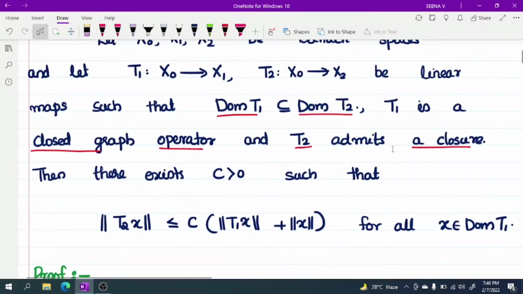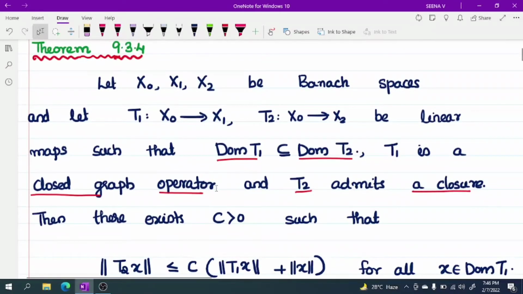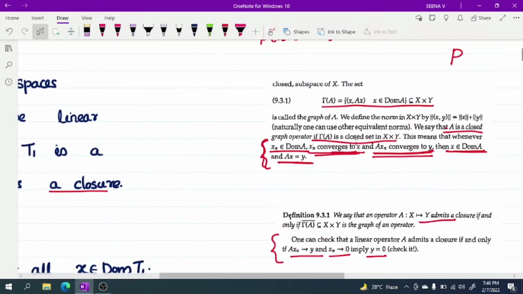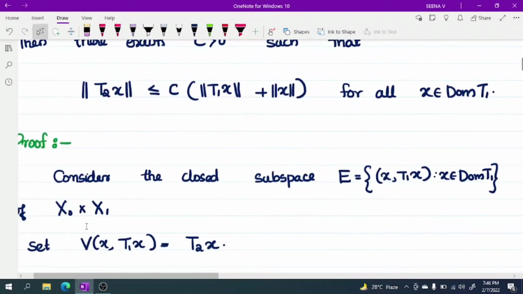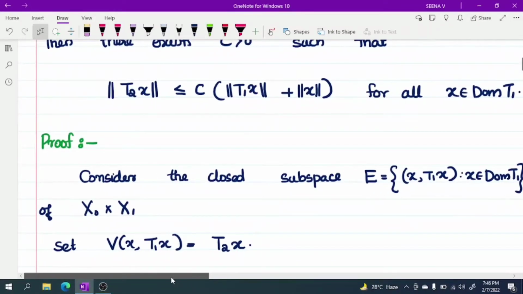T1 is a closed graph operator, which means gamma of T1 is a closed set in X0 cross X1. Therefore, this E is actually a closed subspace of X0 cross X1. The closed property is from the definition of T1 being a closed graph operator.